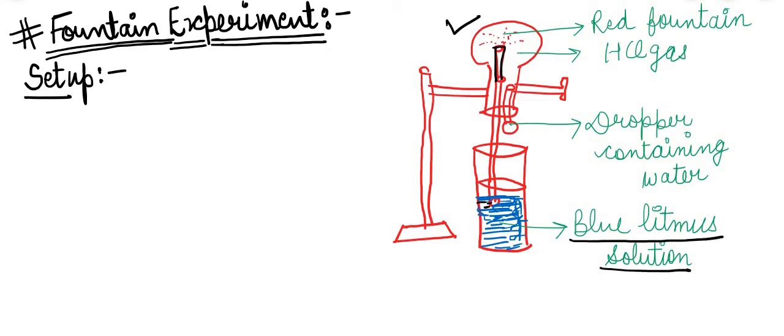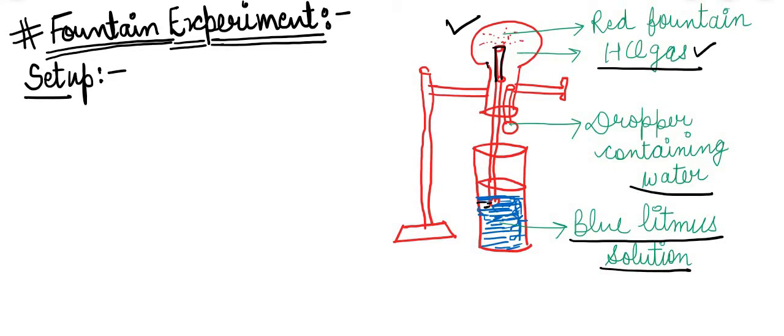This is the dropper. I know the shape is not accurate, but that is the dropper present. That dropper contains water, and in the upper portion of this round bottom flask, HCl gas is present.